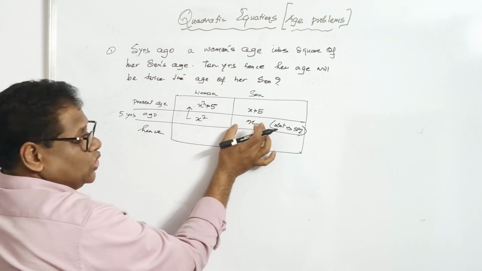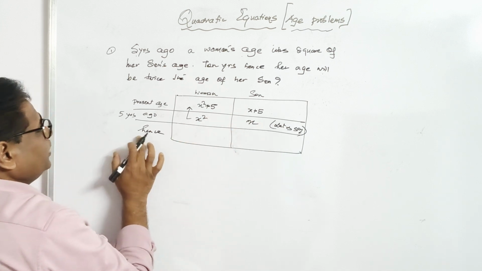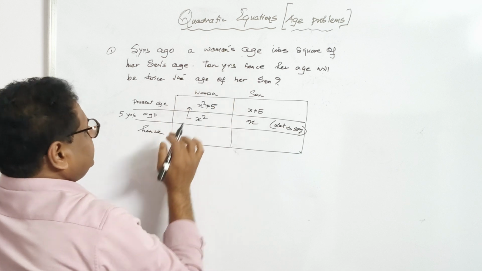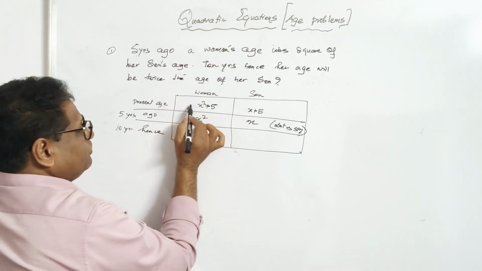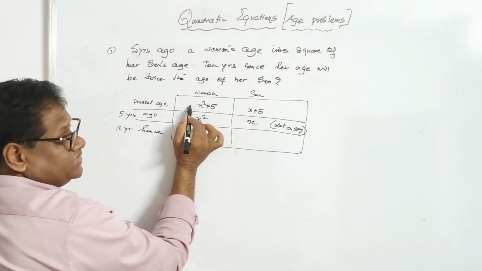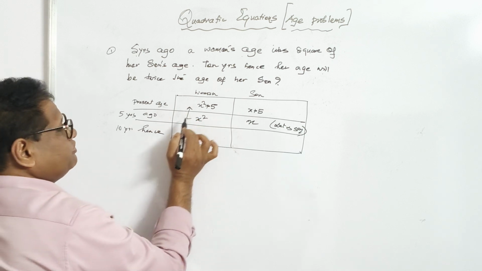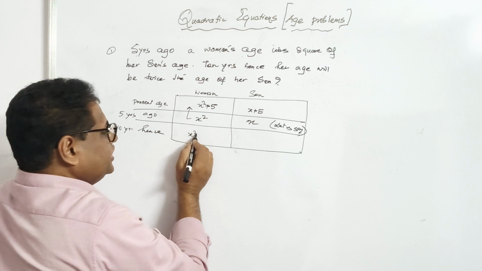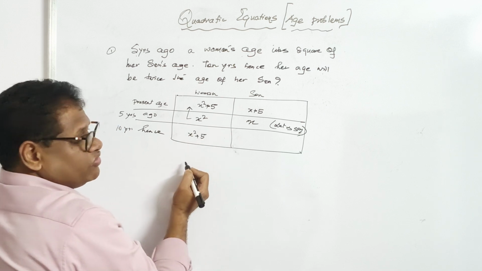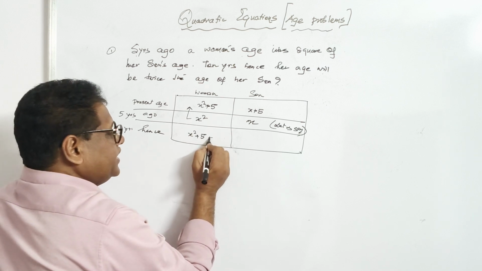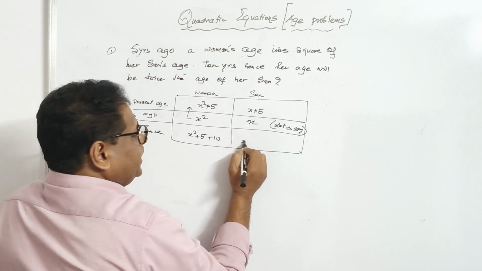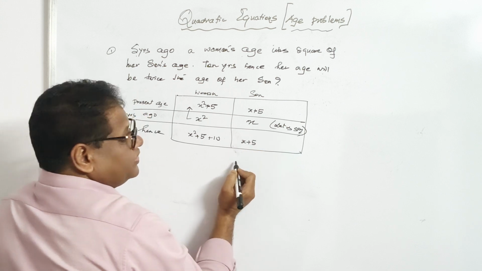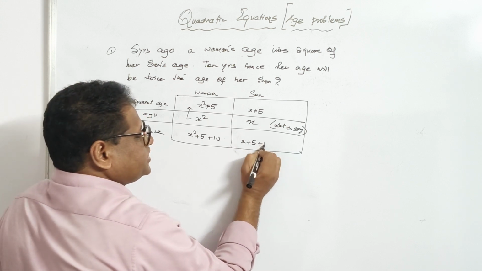Now 10 years hence, the age of the person will be counted from the present. The present age of the woman is x square plus 5, so after 10 years it will be plus 10. The same in case of the son, whose present age is x plus 5, so after 10 years it will be plus 10.